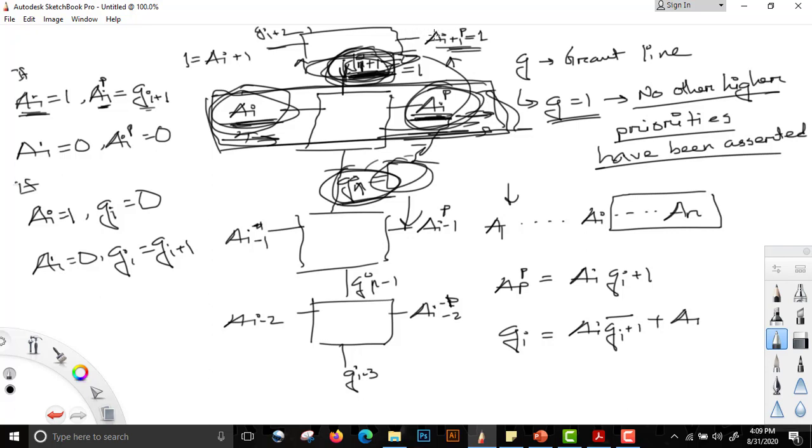If priority hasn't been asserted in the higher stages, and priority hasn't been asserted in the ith stage as well, in that case GI plus 1 was 1 and GI will also be 1. So this means that if AI is equal to 0, we put GI equal to GI plus 1.